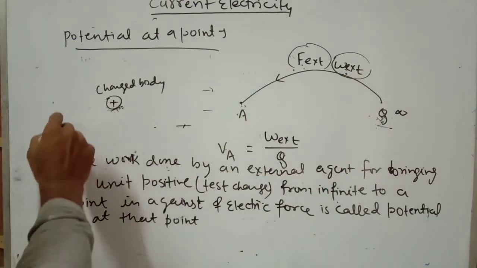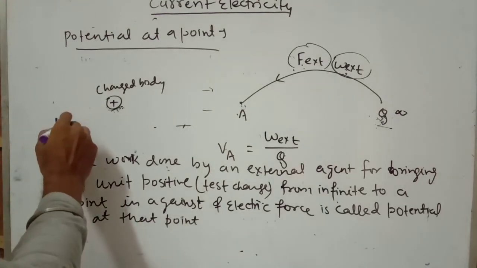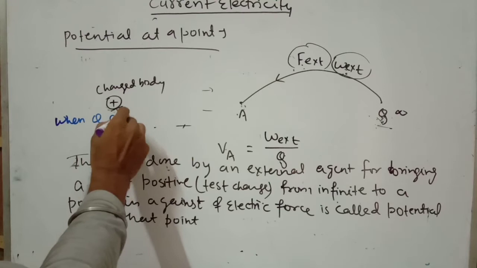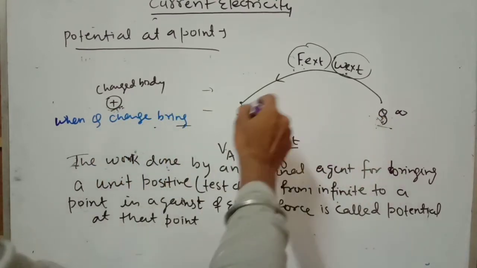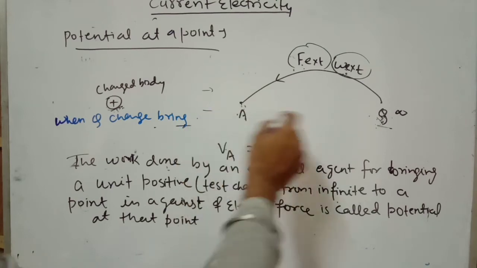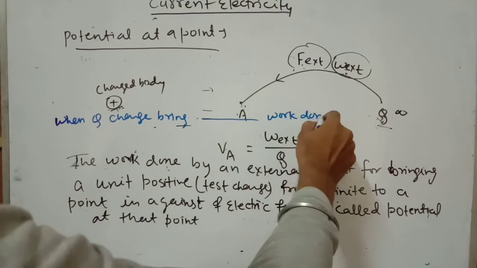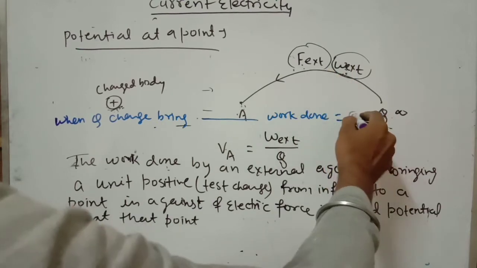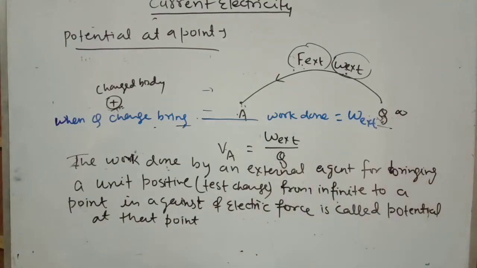So here, when charge Q is brought from infinity to a point, the work done by an external agent is W external.